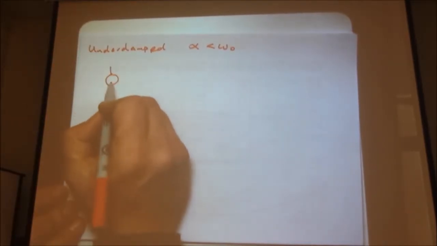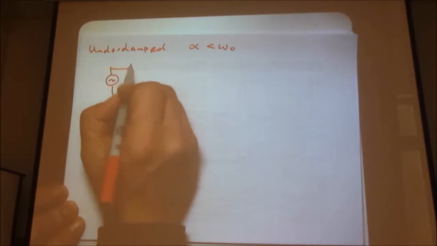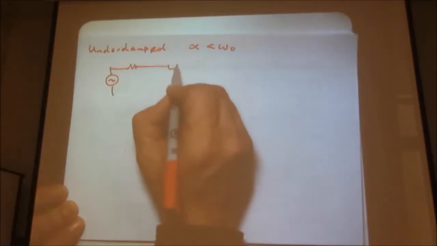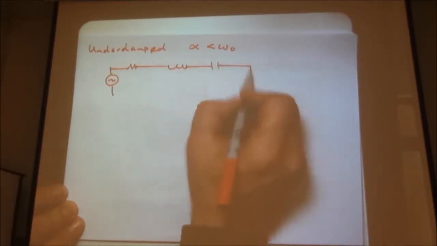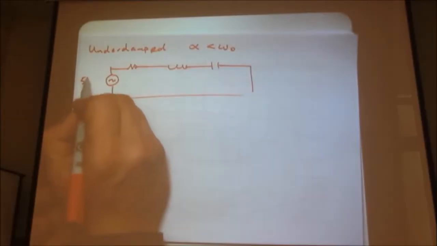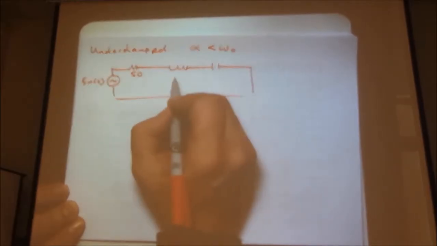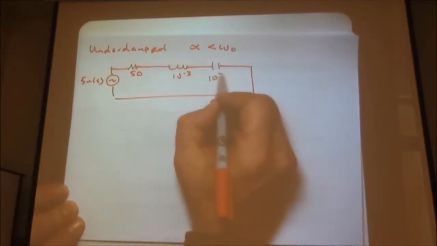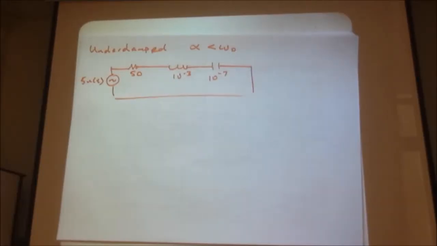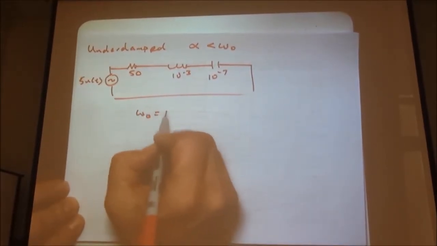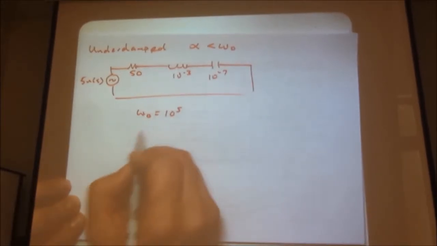And again, if we look at our RLC series circuit, nothing's changed. 50, 10 to the minus 3, 10 to the minus 7. We can go through the math here. What do we discover? Omega naught is still 10 to the 5th. That has not changed.